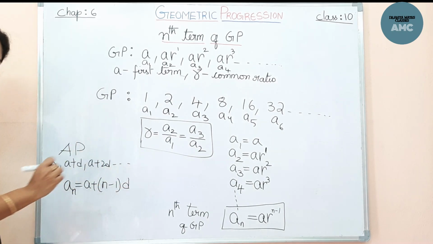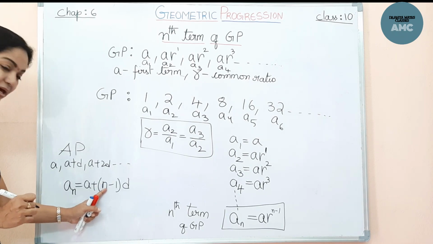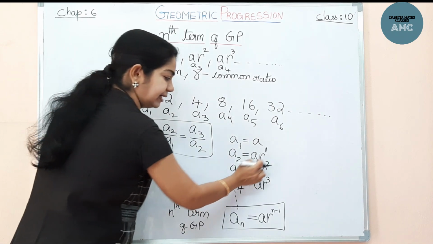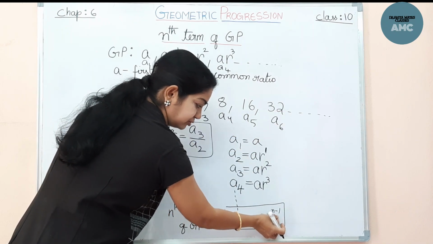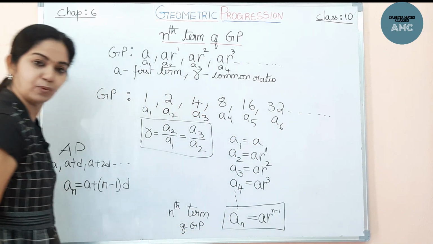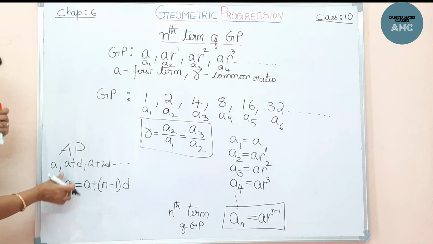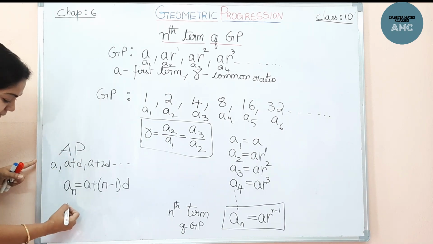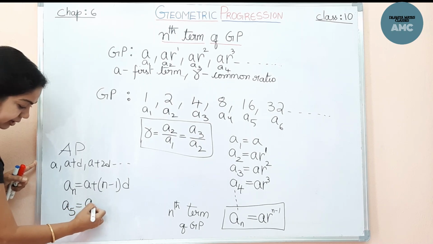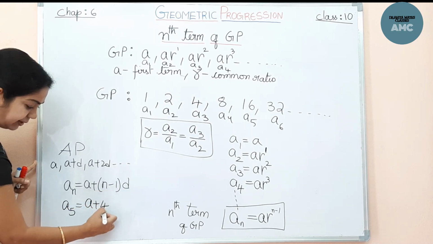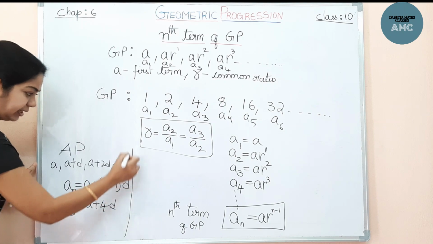Here we are adding the constant, so I have minus 1. Here we are multiplying the constant, so to the power I am minusing 1. Likewise, in an AP, if I want a fifth term, it is simply a plus 1 less, so 4d. So this is all about AP.